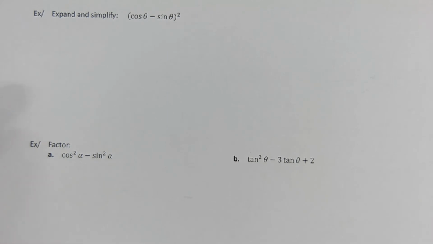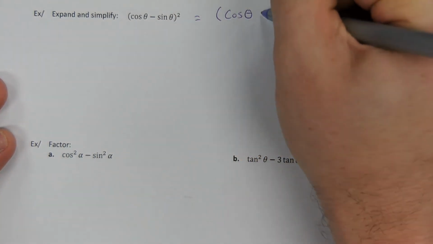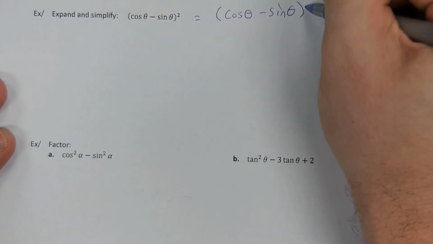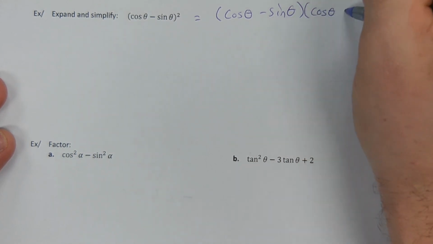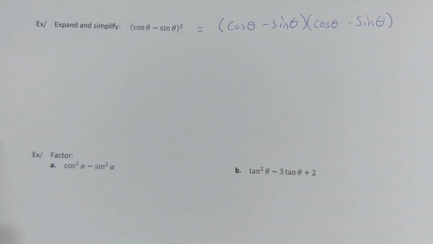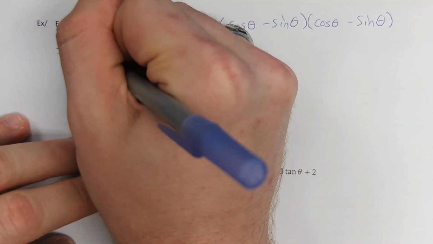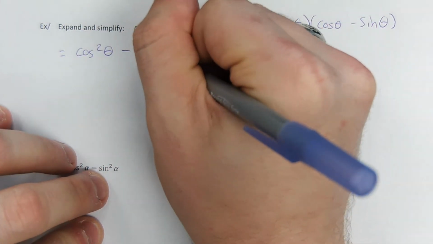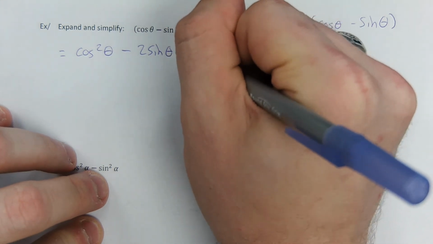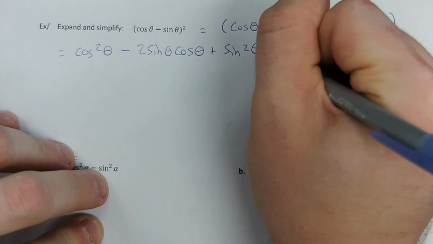Expand and simplify. You have to FOIL this. Please don't say cosine squared minus sine squared, because that's not at all what it is. You have to FOIL this out. What you're going to get is cosine squared theta minus 2 sine theta cosine theta plus sine squared theta.